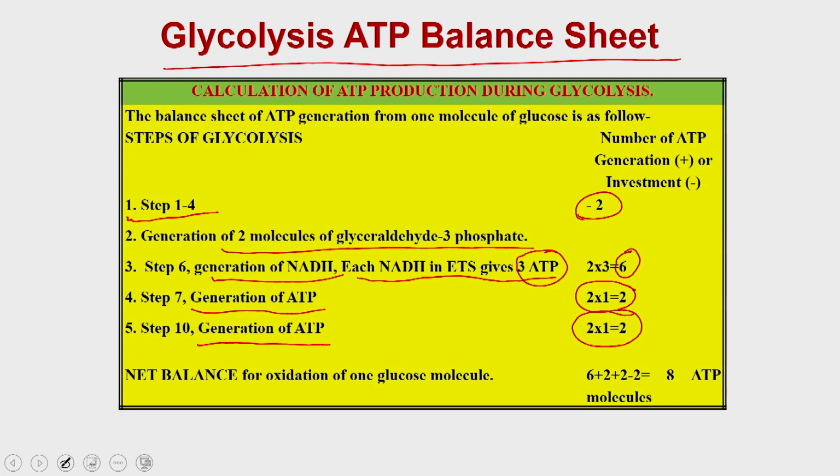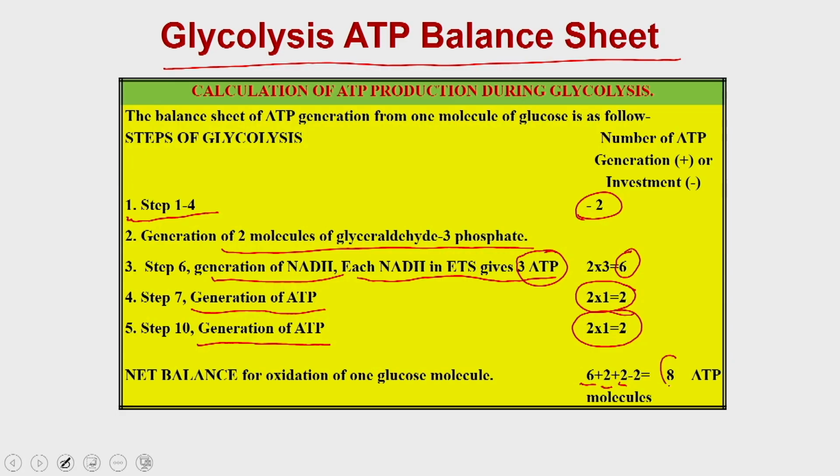If you take a single molecule of glucose, what you have generated is 6 plus 2 plus 2, which is 10, and the 2 ATP molecules you have generated in the initial 4 steps. So, you are activating the glucose, and that is the consumption.